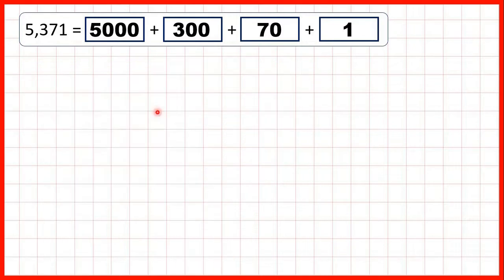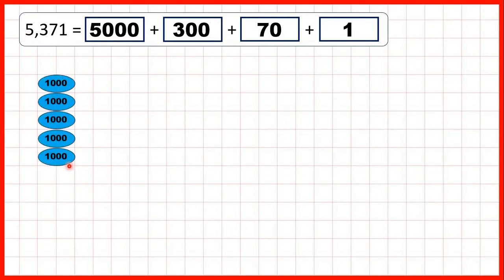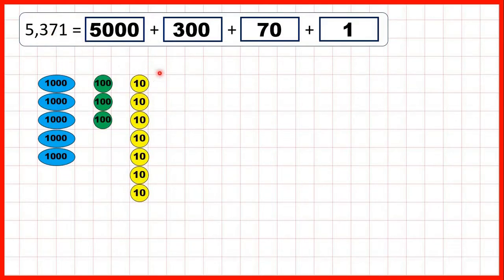We can also show the partition using place value counters. So this 5 in our thousands means that we can show 5 thousand place value counters. We can show 3 hundreds, 7 tens, and 1 one. And we'll be using place value counters quite a lot, so it's good to get familiar with the representation now.